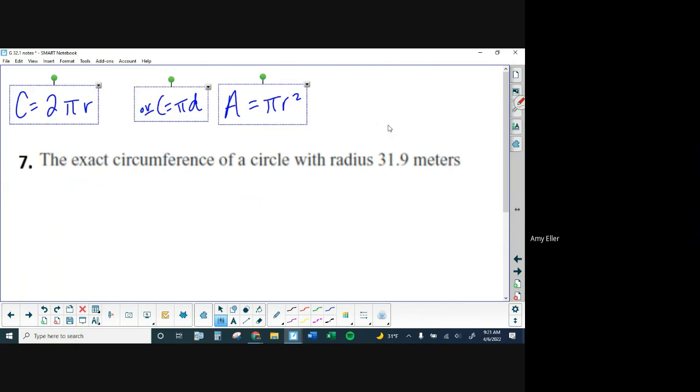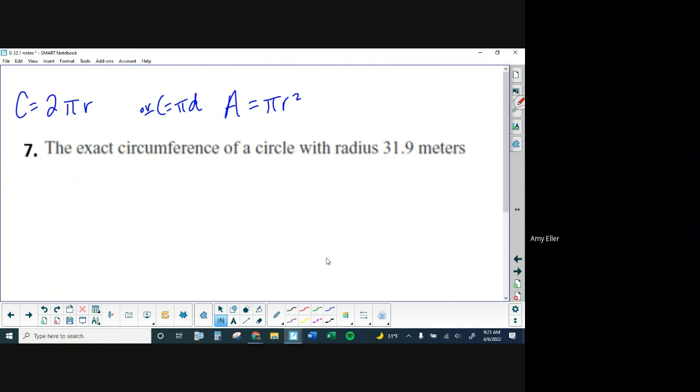One more like this. Find the exact circumference of a circle with a radius of 31.9 meters. Try it on your own.